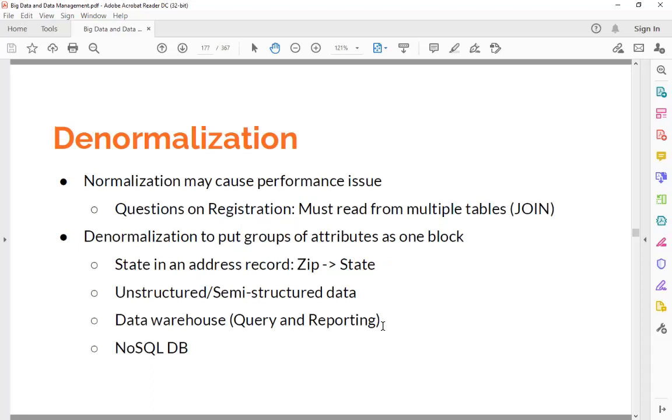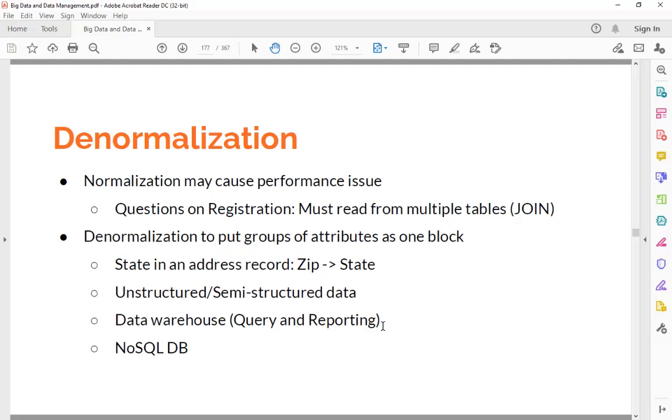But normalization does not always mean that you have to break relations as small as possible. In fact, sometimes a lot of normalization also has its downside, which means it may cause performance issues. If you have too many small tables and you try to get data for a whole picture, you must read from multiple tables and combine them together.